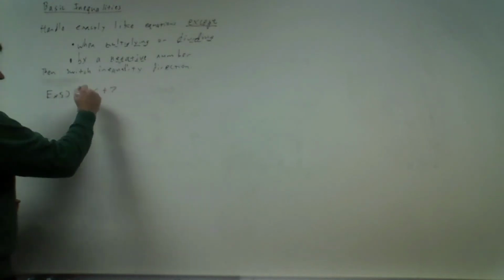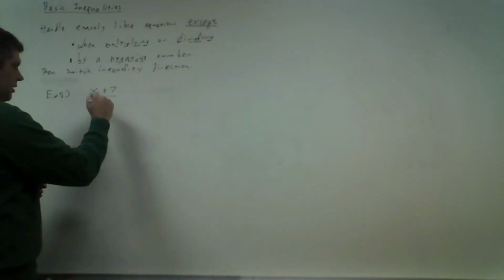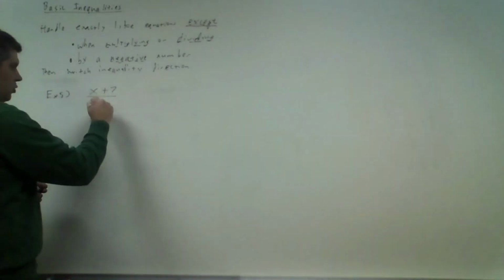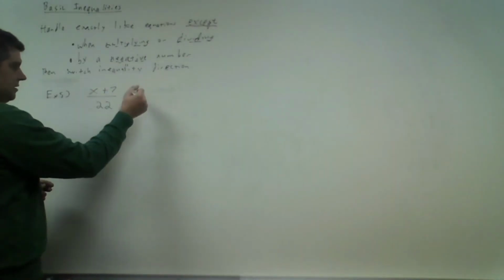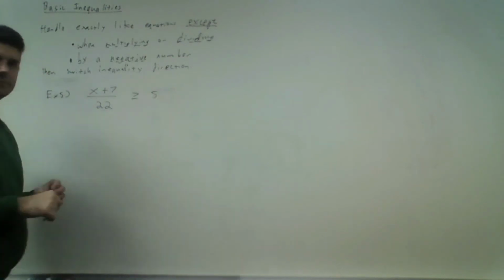Example 5, x plus 7 over 22 is greater than or equal to 5.